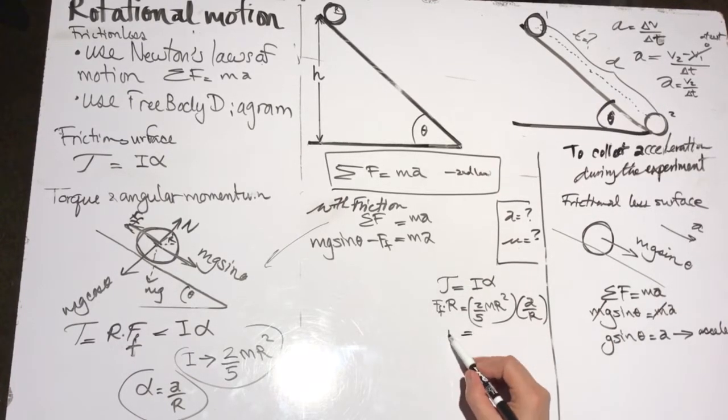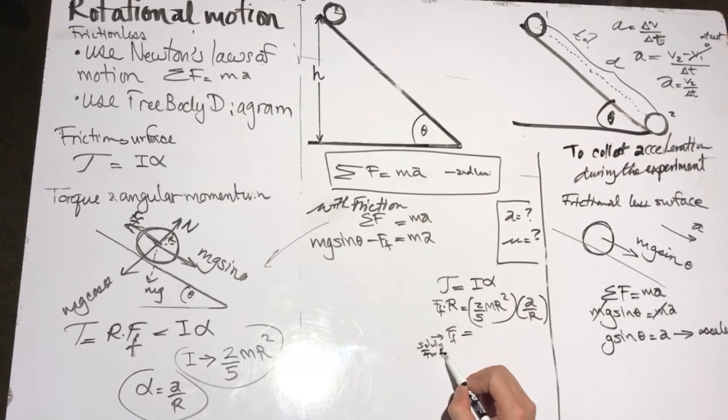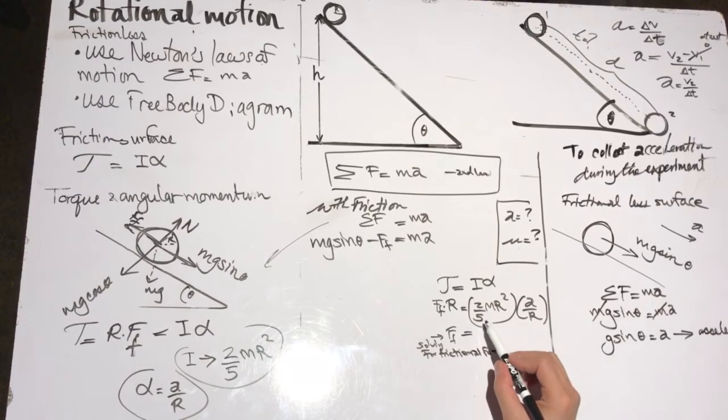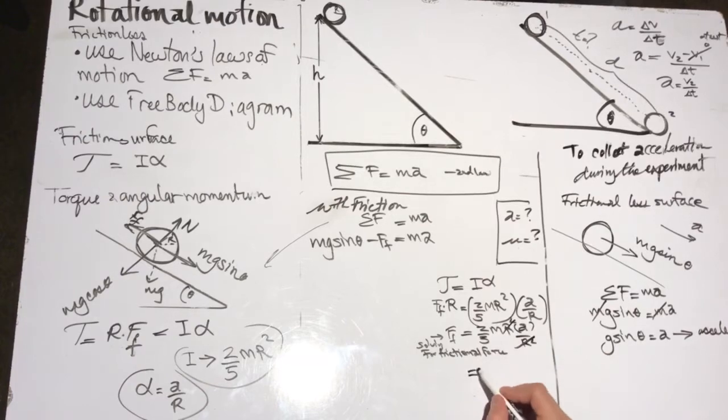Now to find frictional force, that's what we're looking for. Solving for frictional force is equal to 2/5 mr squared a over r squared. Cancel them out. So my frictional force is equal to 2/5 ma.